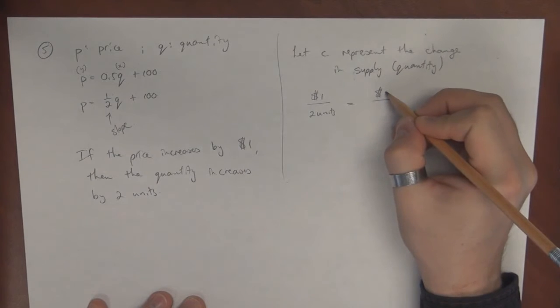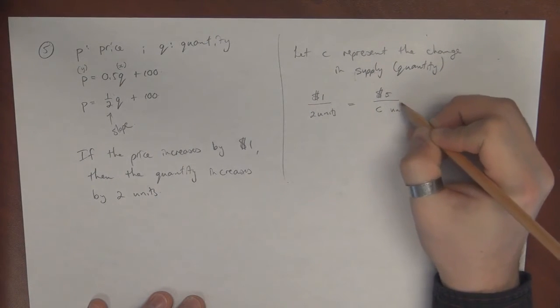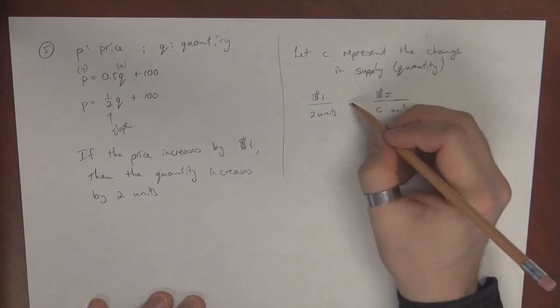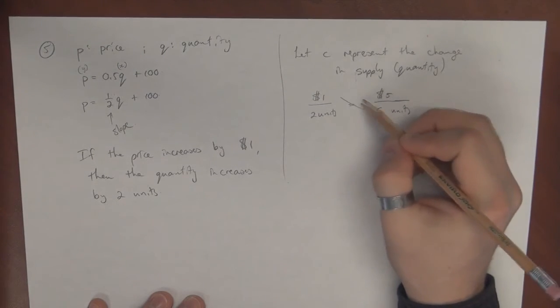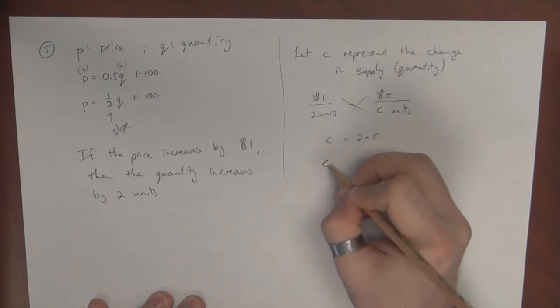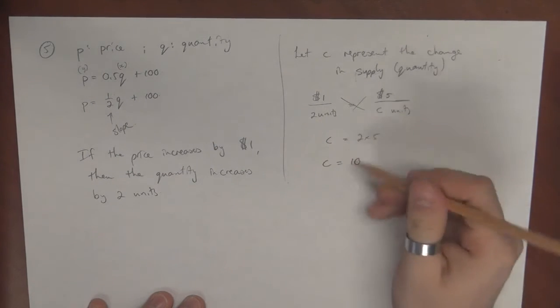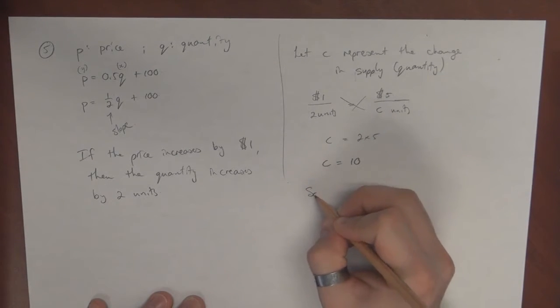So a change in $5 goes with a change in the quantity of C units. So I have my little ratio equation there, because the slope tells me how the changes go together. So I have C equals 2 times 5, C equals 10. C was just for me to set up my ratio equation, so a little concluding sentence.